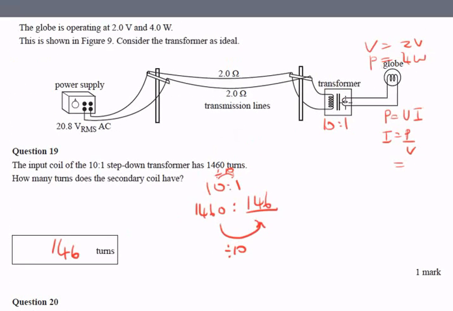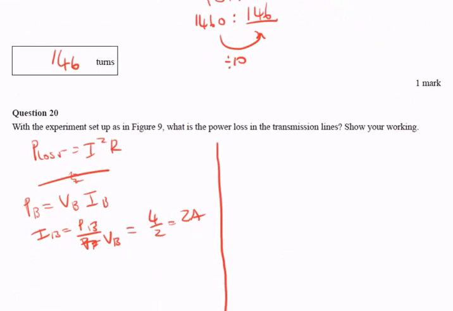Now that 2 amps here came from another current here. Now when the voltage goes down, in this case the current goes up. So if we started with 2 amps on this side, it must have been smaller on the other side because it goes up. So it must have been 10 to 1 smaller.